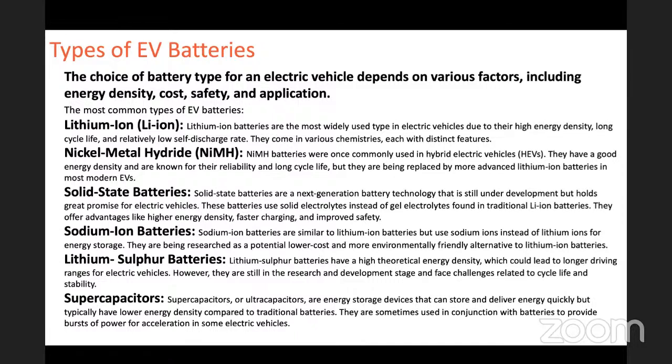Then the supercapacitors. Supercapacitors are currently used in conjunction with lithium-ion batteries or NiMH batteries to provide sudden acceleration or the quick delivery of energy required. In those places, supercapacitors are still used in some of the high-end cars.